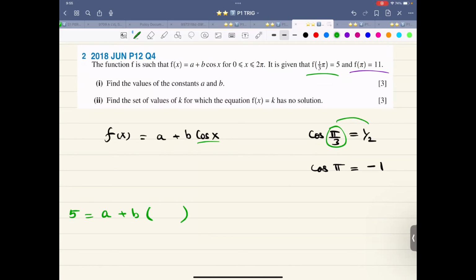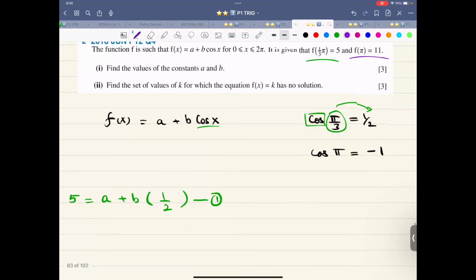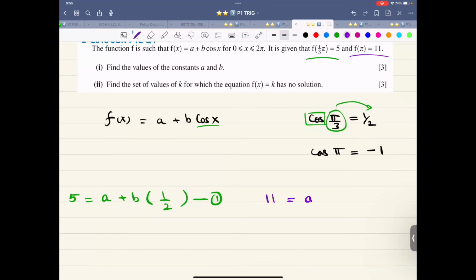Cosine of pi by 3 is half, so write a half over here. This is equation 1. The next equation: 11 equals a plus b times cos of pi. Cos of pi is negative 1. This is equation number 2.